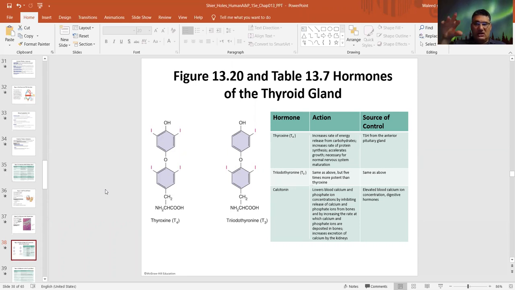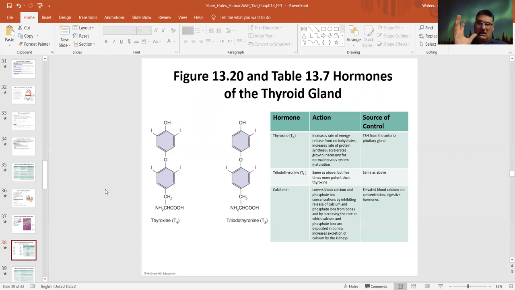During pregnancy, we take a sample at least every 3 months and we see if the thyroid hormone is okay. It's not only the thyroid hormone, there are other things, but in this chapter, I'm talking about the thyroid hormone. If your thyroid hormone is less than normal, this baby is going to be born with mental issues, mental retardation, because the nervous system is not growing as it should.